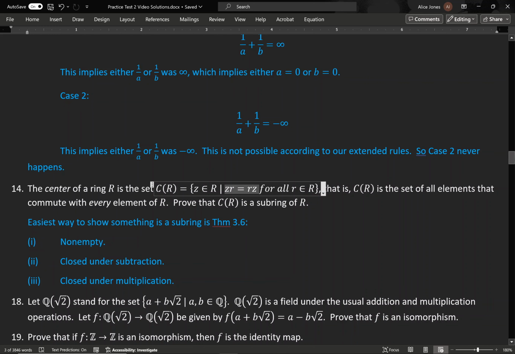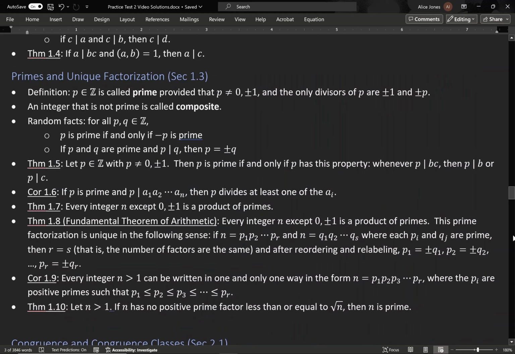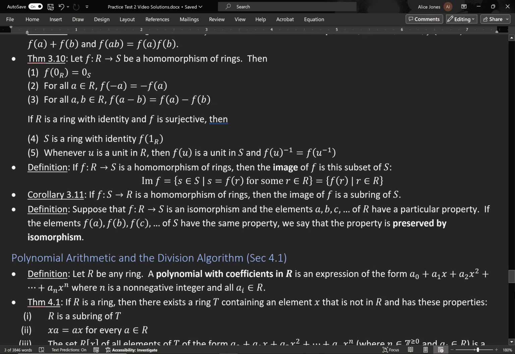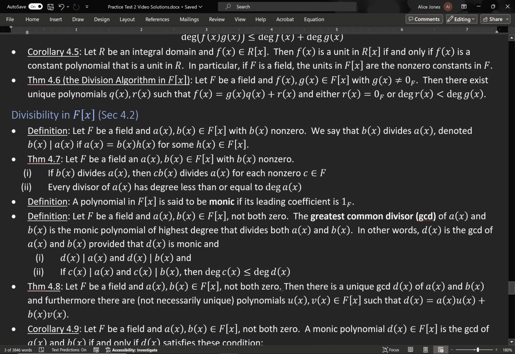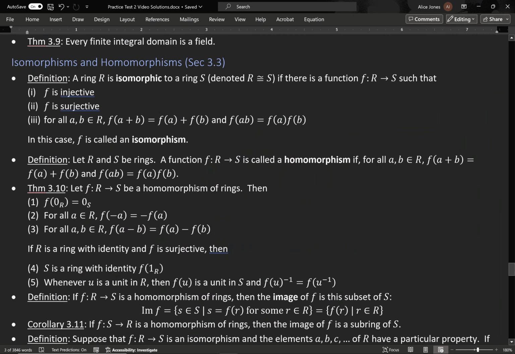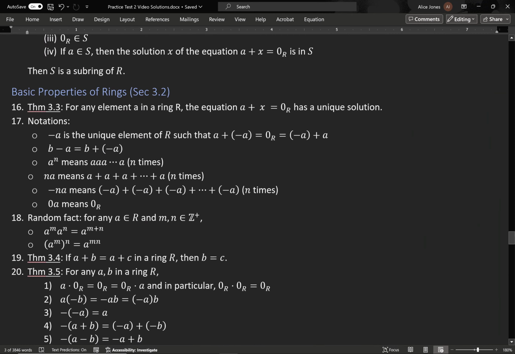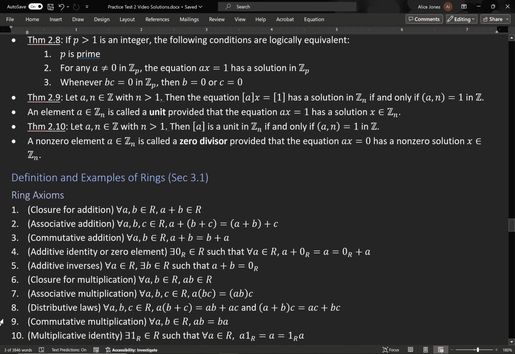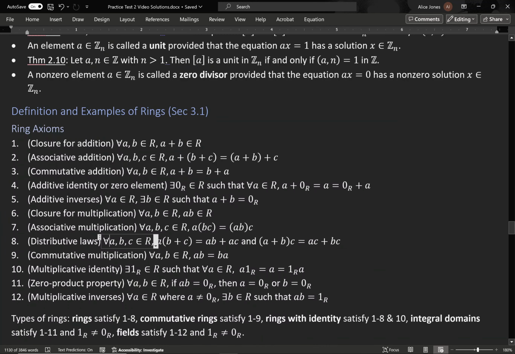However, remember, you can have rings that don't even have a multiplicative identity, because that is actually axiom 10, which means they don't all have it, since only 1 through 8 are required to be a ring. Let me find where these ring axioms are.